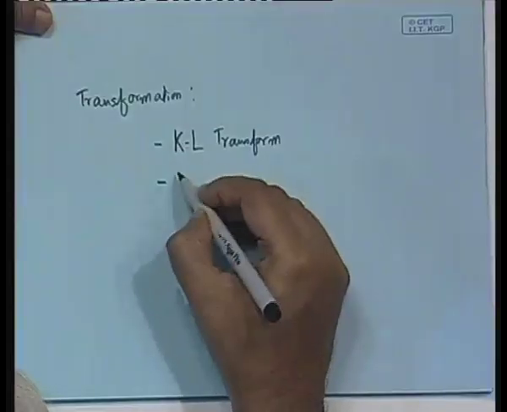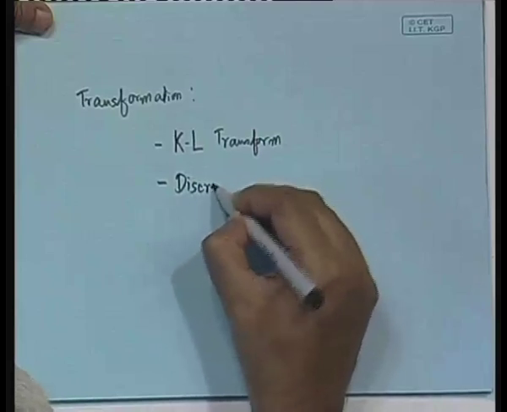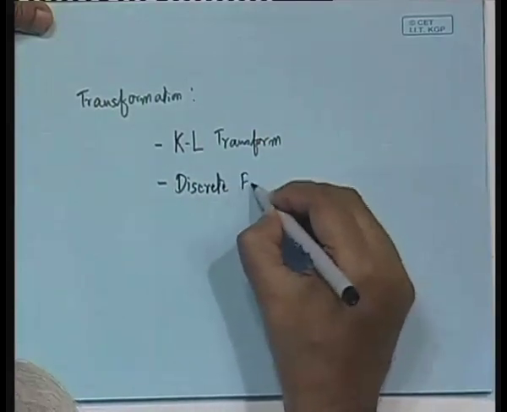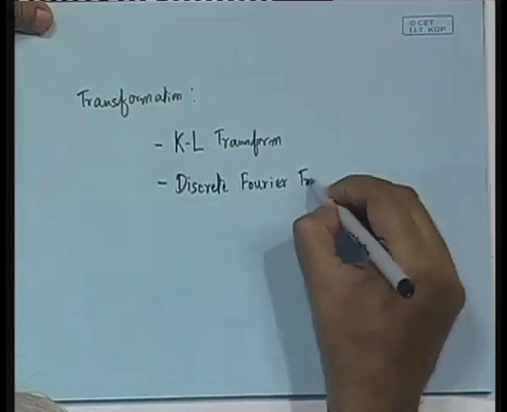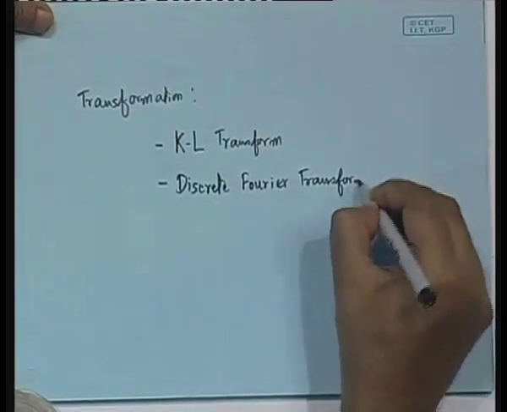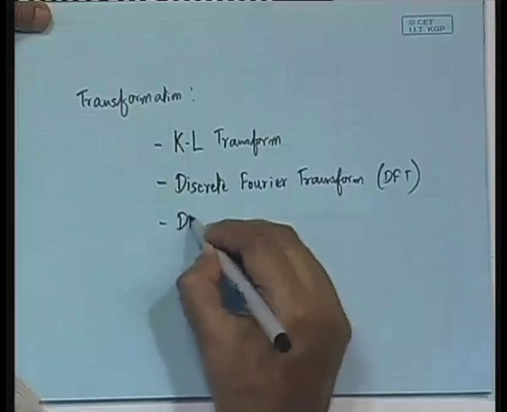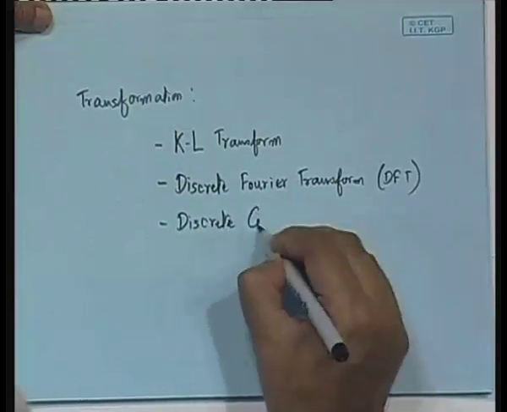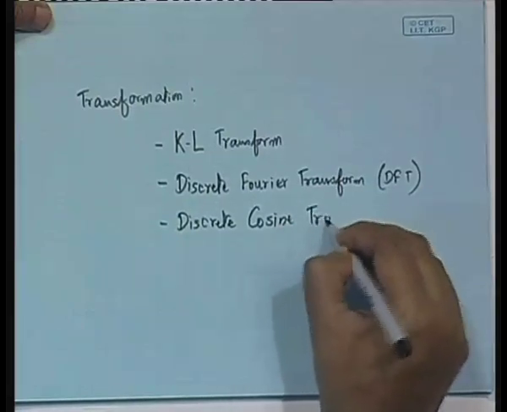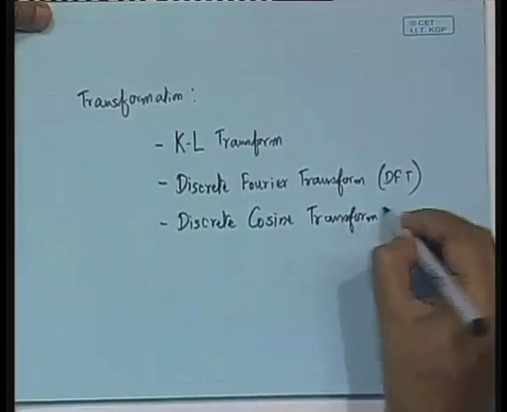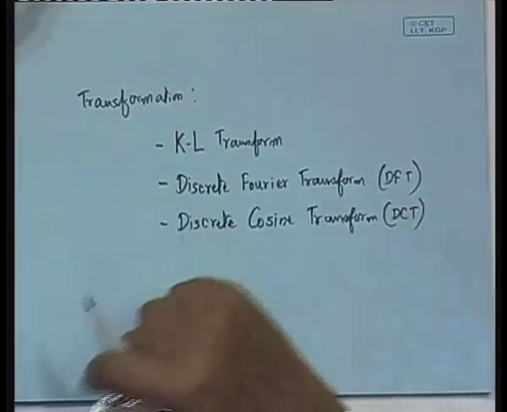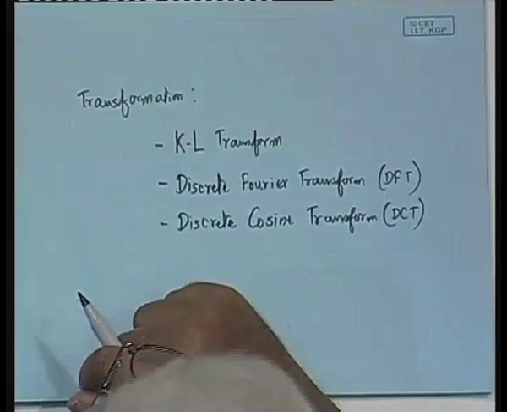Whereas for techniques like the discrete cosine transform, to begin with, we have the discrete Fourier transform, or DFT, as applicable in the two dimensional space. Then we have the discrete cosine transform, DCT, which has become a very popular technique in the domain of image compression, because the DCT's advantage is that it is a real transform.